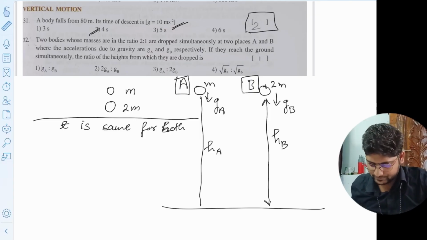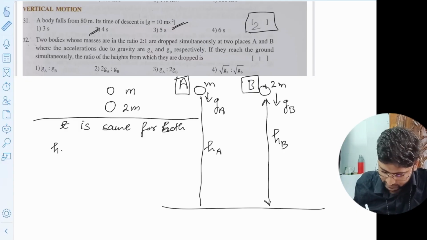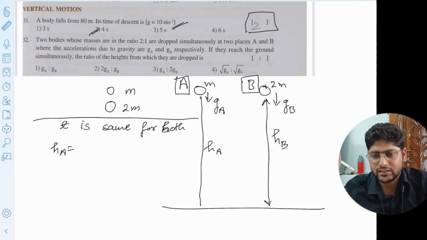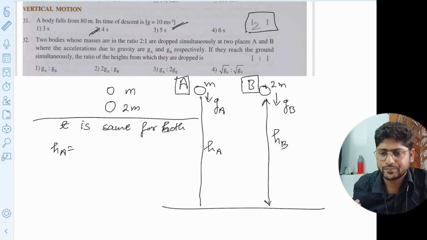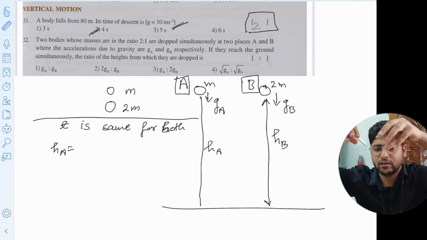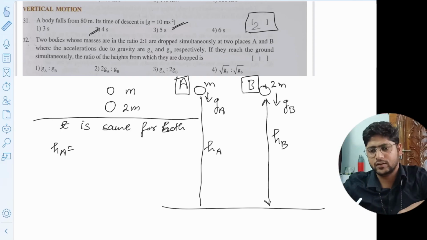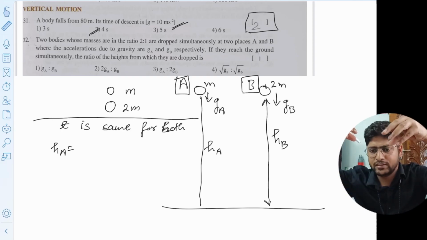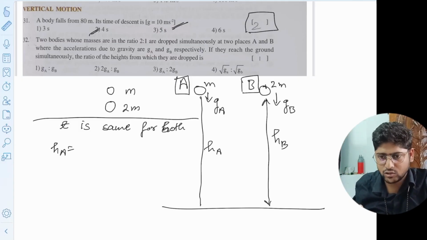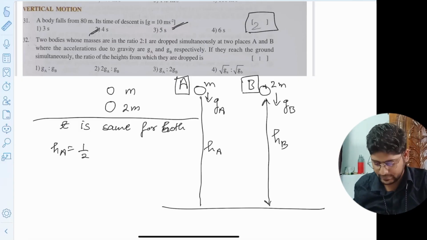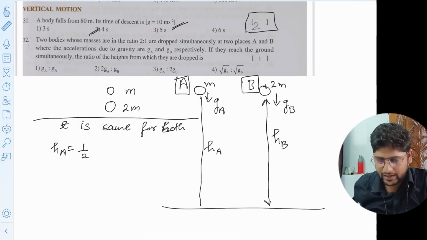Now if I say height hA equals what? Ut plus half at square. U is 0 because first they are held in the hands at rest, then they will drop and go downward. So at the initial point they are at rest. So ut will be 0, then only half at square will remain, and the time is the same for both, and what is the acceleration?